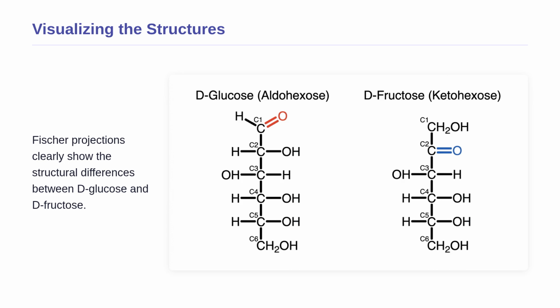On the right is D-fructose. Look at the blue highlighted region at carbon 2. That is the internal ketone group, making it a ketose. You can clearly see how carbon 1 in fructose is just a standard CH2OH group, unlike glucose. This diagram perfectly illustrates how a tiny shift in atomic arrangement completely changes the molecule's identity.